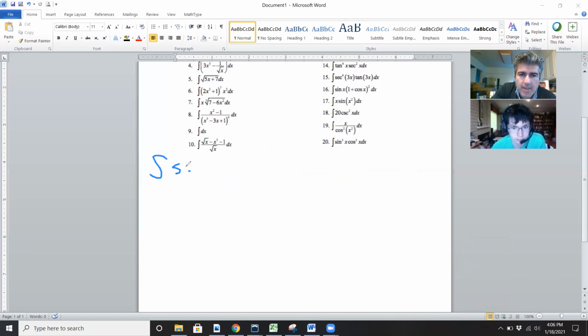You can rewrite sine cubed x times cosine squared x times cosine x.